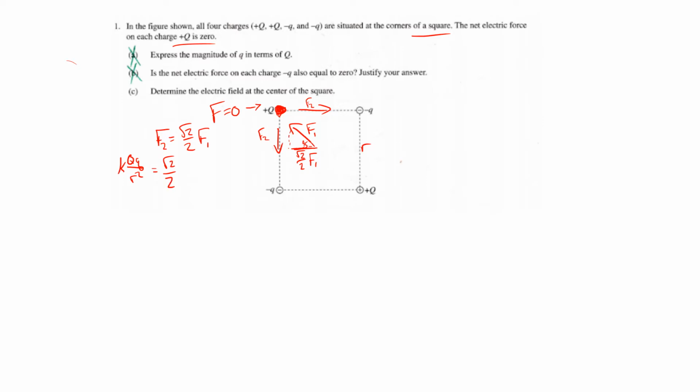F1 is going to be the same formula: k Q times Q, let's just write Q squared, divided by the distance. What is this distance going to be? It's going to be R times the square root of 2, same idea, just run in reverse here, and that's squared. So now we just have to solve for little q.